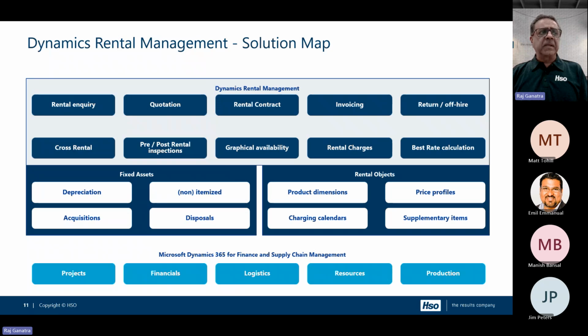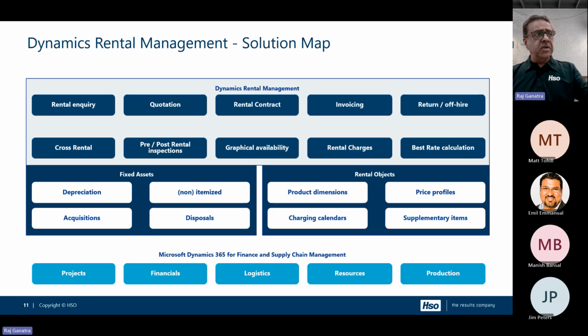From a solution map perspective, again, our rental solution at the bottom of this, if you recall the previous slide, is based on the ERP solution which we saw earlier. To that solution, if you look at the key concept of our solution map, it includes product dimensions, pricing profiles, charging calendars, and supplementary items, which are all built on the F&O finance and operation solution, which you can leverage the projects module and the supply chain module to enable all of it.